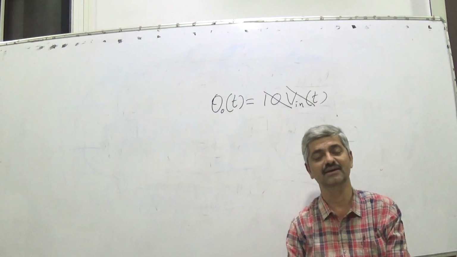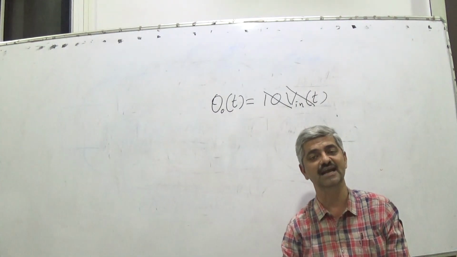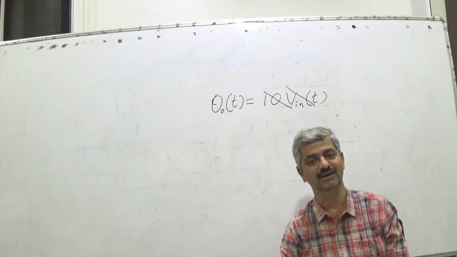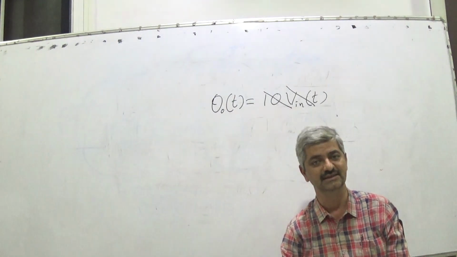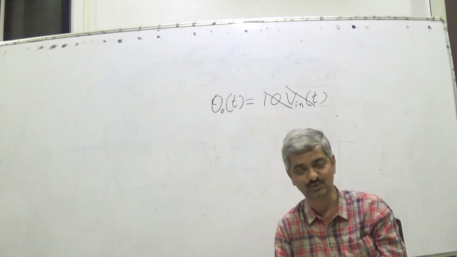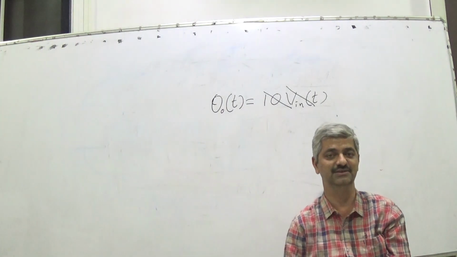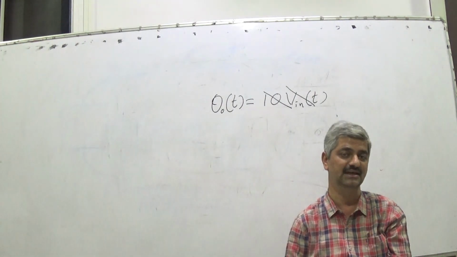To be very precise, it is called a steady state equation. So if you apply 3 volts, you will get 30 degrees deflection. If you apply minus 2 volts, you will get minus 20 degrees deflection. You have to keep it constant, so this is called a steady state equation.